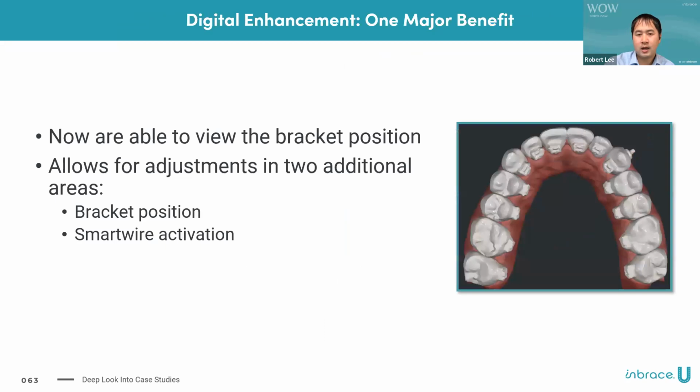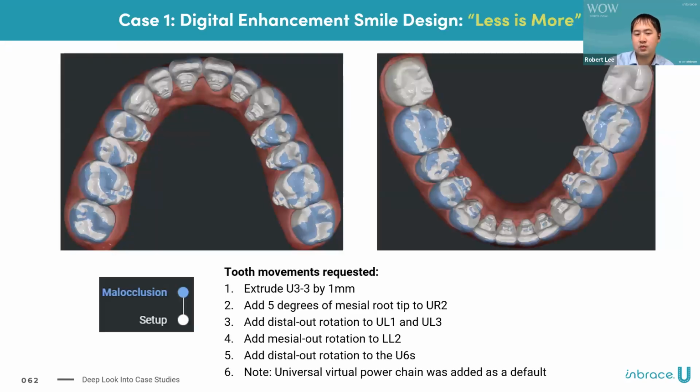The one area that you can also check with your DE is your bracket position and your Smartwire activation. In this case, everything started in the planned bracket position, exactly how we designed it, so most likely there are not going to be any issues with bracket positioning, but you should double check that. With the Smartwire activation, one thing that I added that was probably unnecessary was rotation on the upper 6s.